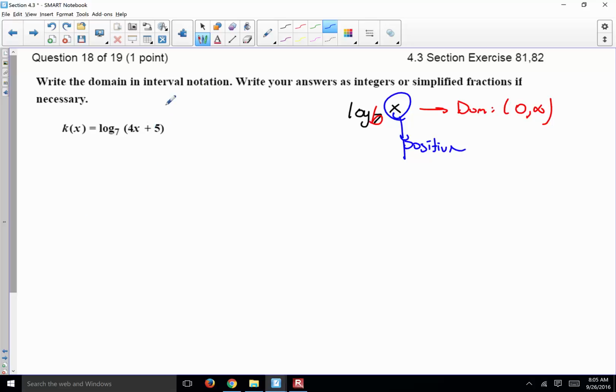So can I use the same logic for this one? No matter what I insert into x, 4 times that x plus 5 must stay positive. What number do you think I should start with? Or do we need to guess this? What equation or inequality do we need to set up?